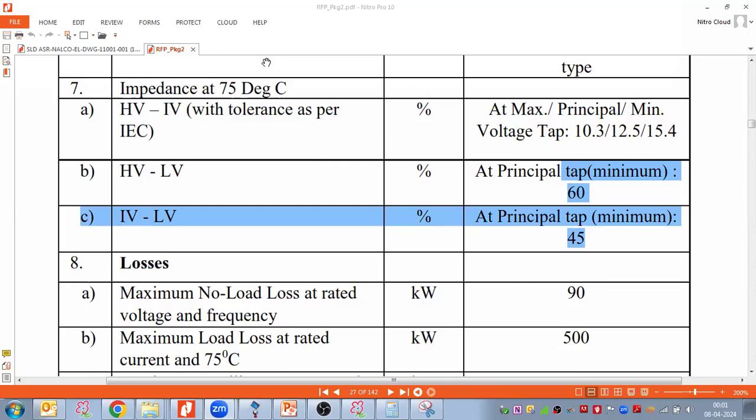Same as we discussed for the transformer and the control building: if the oil in the transformer is more than 5,000 liters, the same concept applies there as well. If the distance is not available, then we have to put a firewall. And between the firewall and the transformer, generally we take approximately 1 meter of clear passage required.